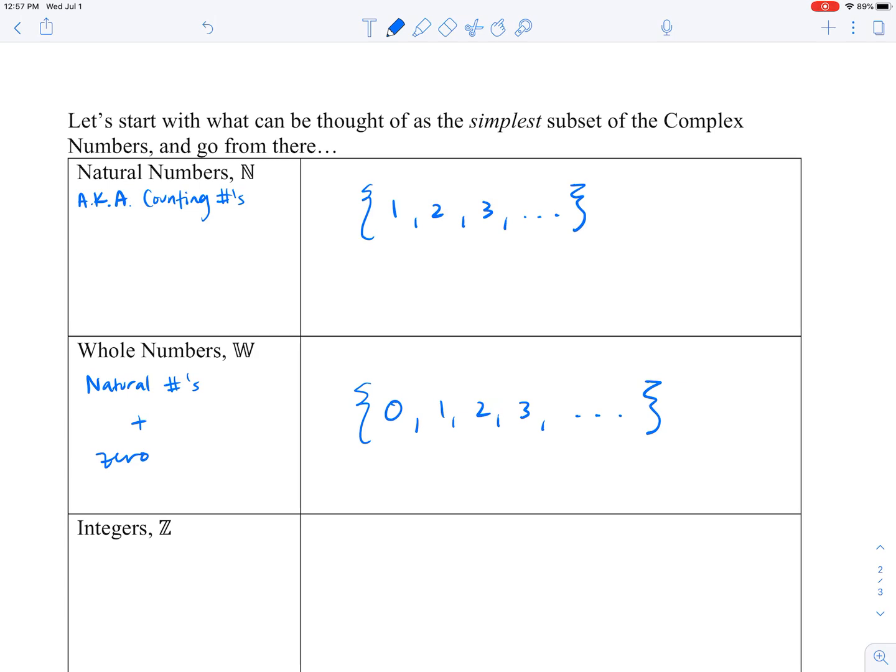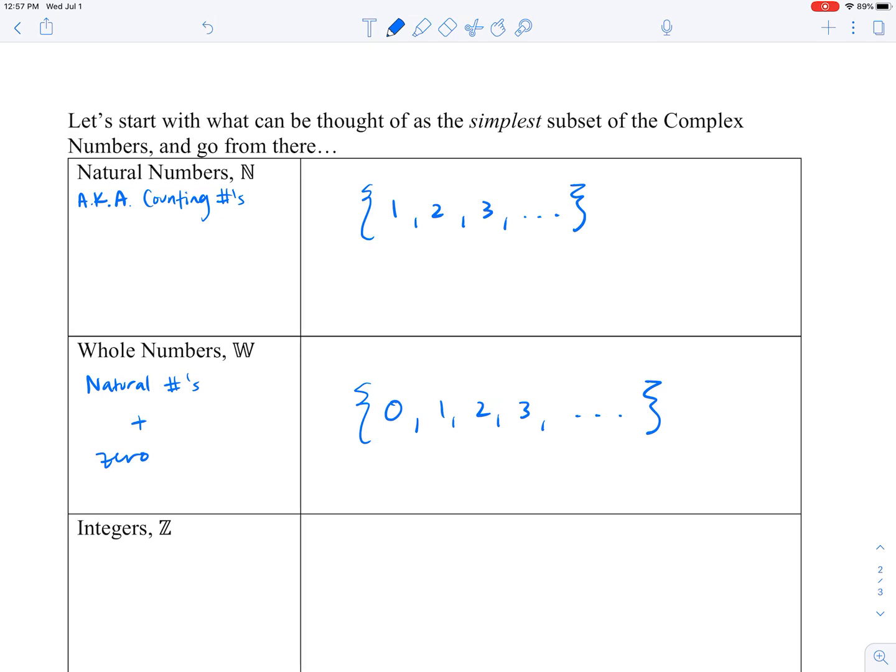All of the natural numbers are actually also whole numbers. So since every element that belongs to the natural numbers is also an element of the set of whole numbers, we can say that the natural numbers are a subset of the whole numbers. The whole numbers, however, are not a subset of the natural numbers because the whole numbers include 0, and 0 is not a natural number.